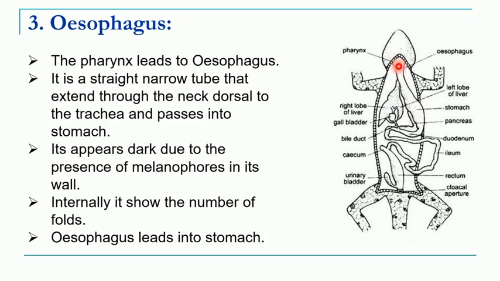Since they have a pigment in them, this part of the alimentary canal, the esophagus, is darkly colored. Now if we see internally, the esophagus shows a number of folds, and finally leads into the stomach. So you just have to remember that the esophagus is a small tubular structure which connects the big buccopharyngeal cavity from the pharynx to the stomach.